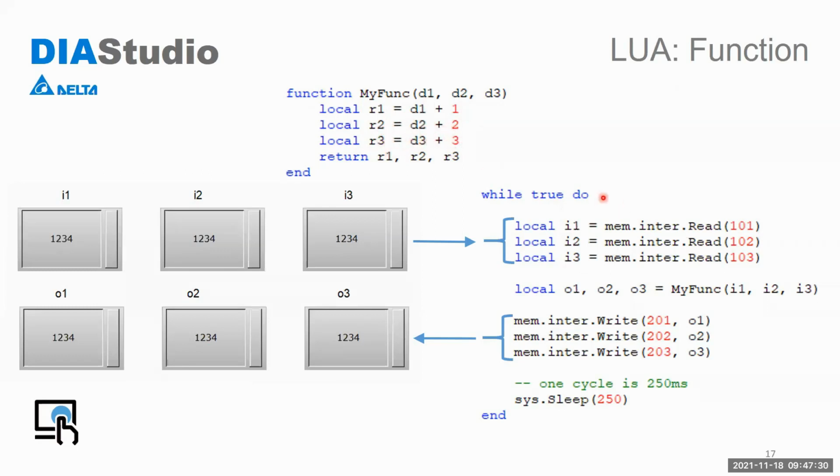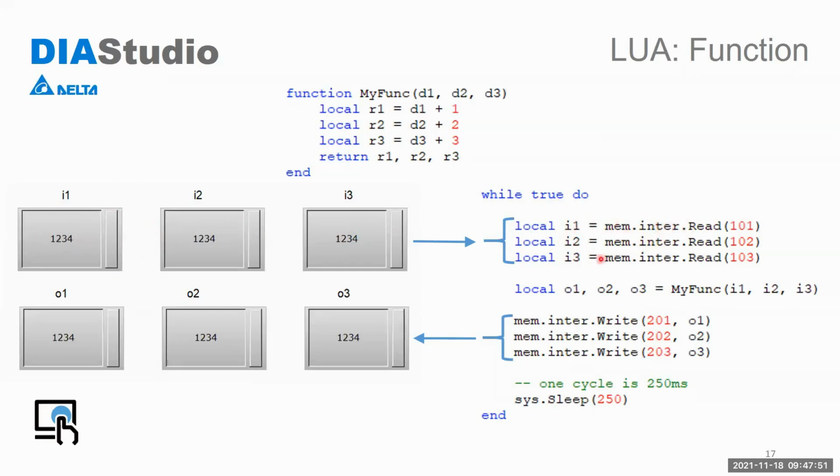Once we have this function created, in my Lua programming, I first have to read these values, I1, I2, I3, and put them into Lua variables by use of a function that we will see later in more detail.